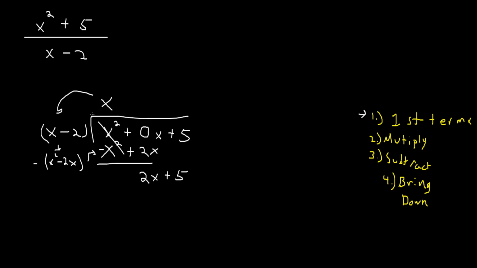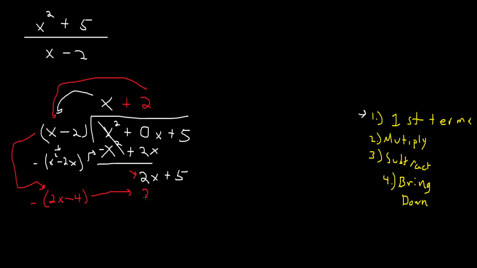Okay, so now I have a new leading term to deal with. So how do I get from x to 2x? Well, I multiply by positive 2. So this time, when I multiply this in, I am going to get 2x minus 4. But I need to subtract it. So when I go to subtract it, distribute the negative.